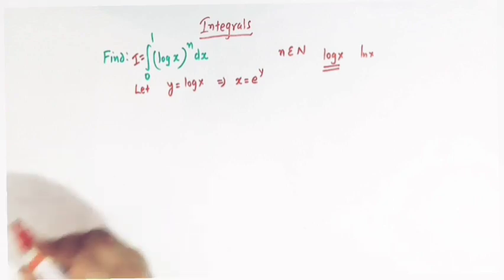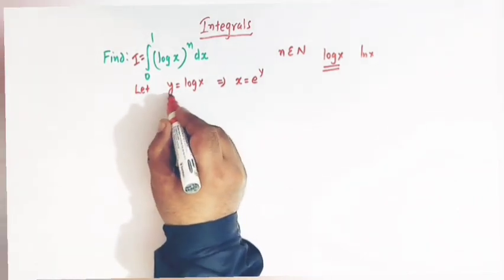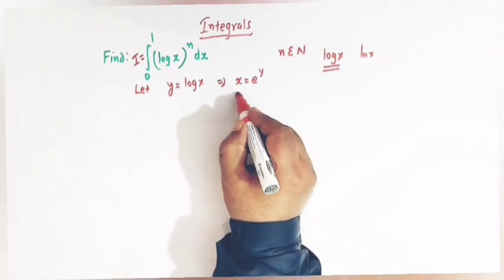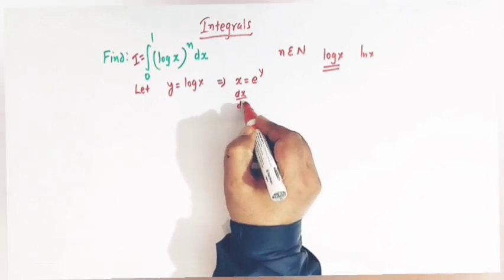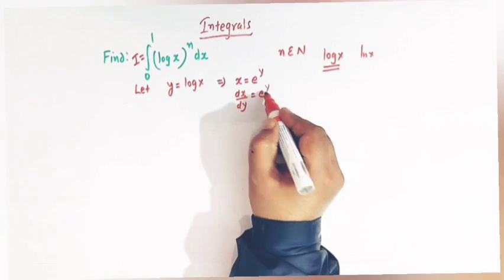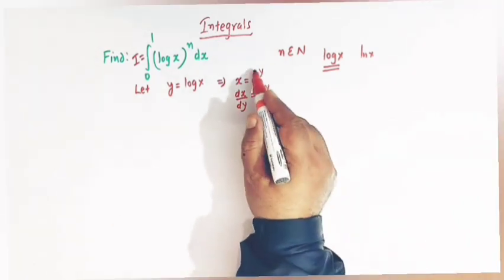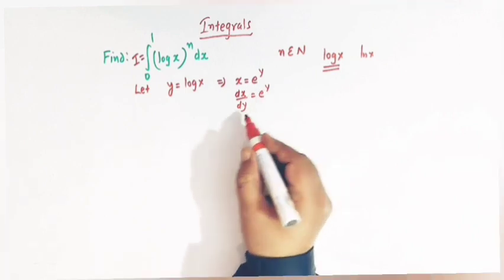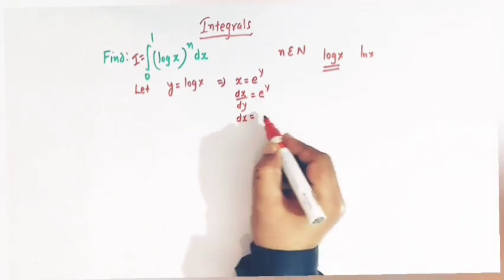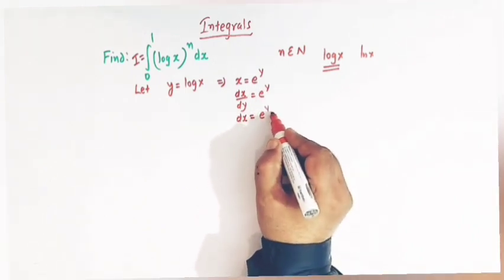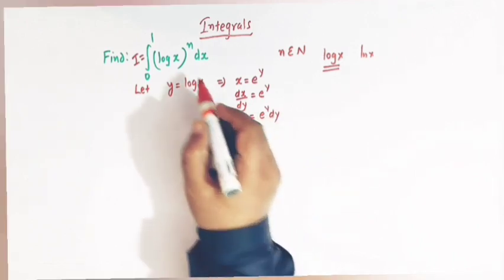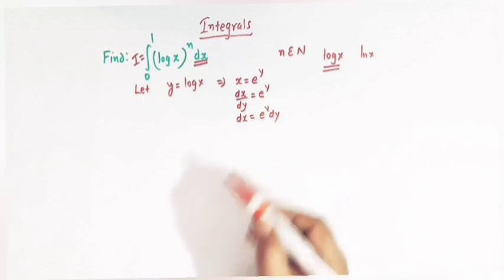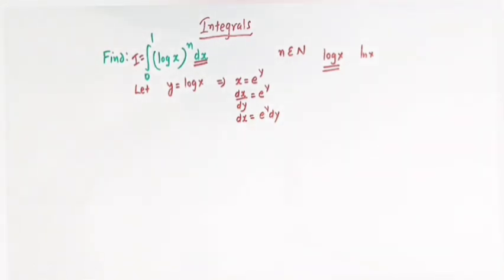If we differentiate x with respect to y, then dx over dy is equal to e raised to y, because the derivative of e raised to y with respect to y is e raised to y. So dx is equal to e raised to y dy.